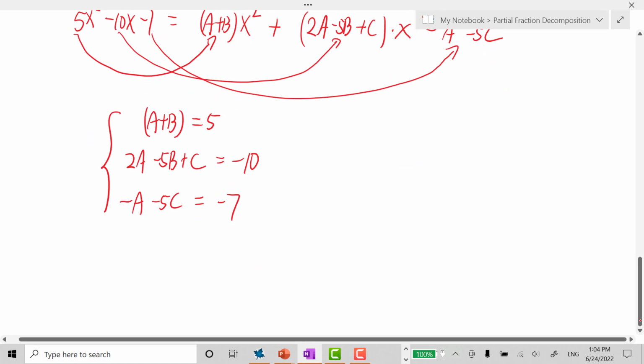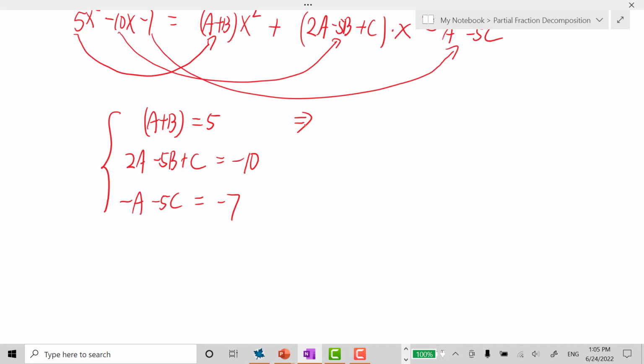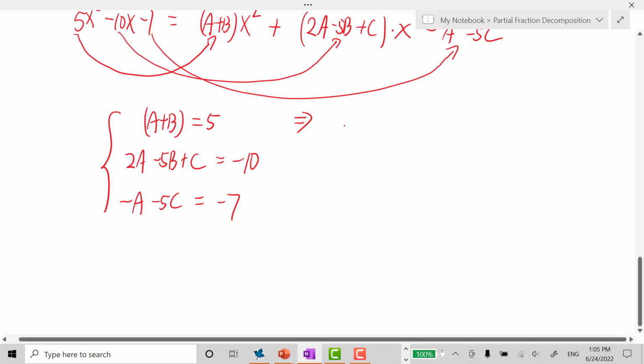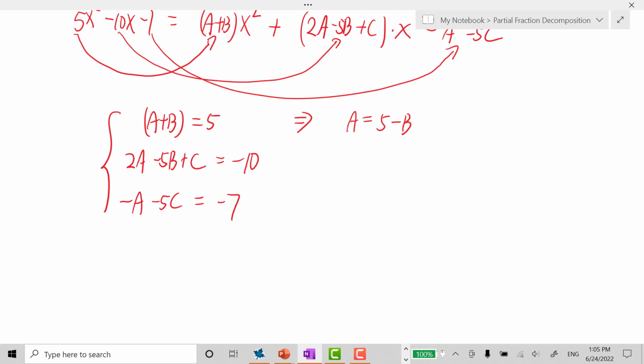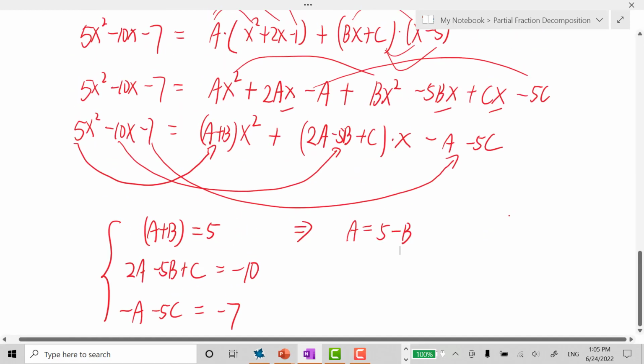So one way to do it is, for the first equation, get a by itself. We can easily get a by itself, so a is equal to 5 minus b. Okay. All right, and then for the last equation, get a by itself as well.